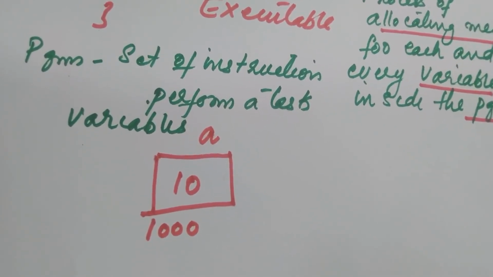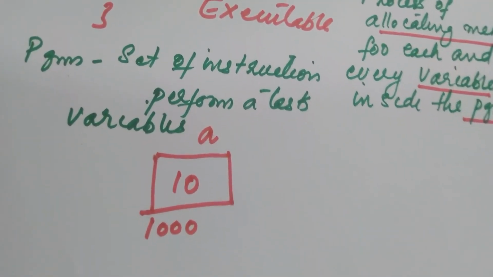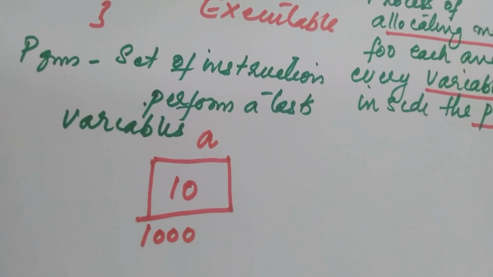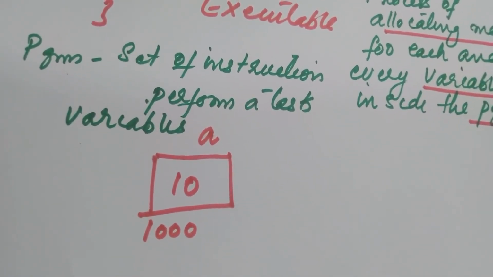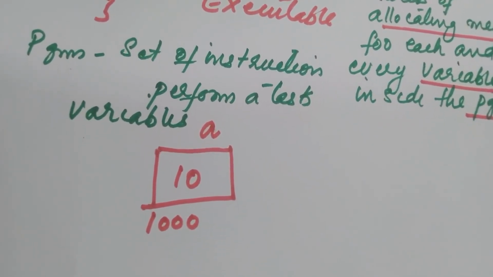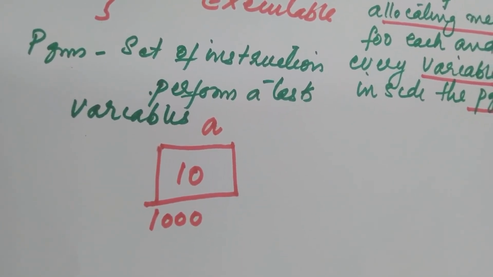Let it be 1000. Each memory cell has a particular address, and each address can store a single bit of data. So variables are names of memory locations which are stored in the primary memory, and it contains the data which is given by the user.